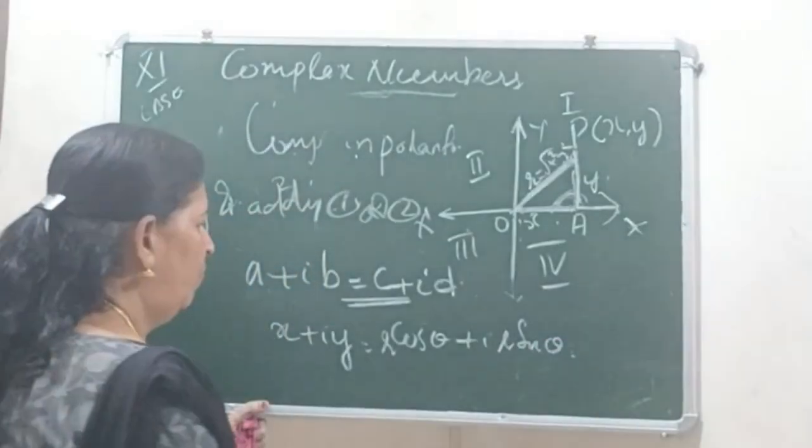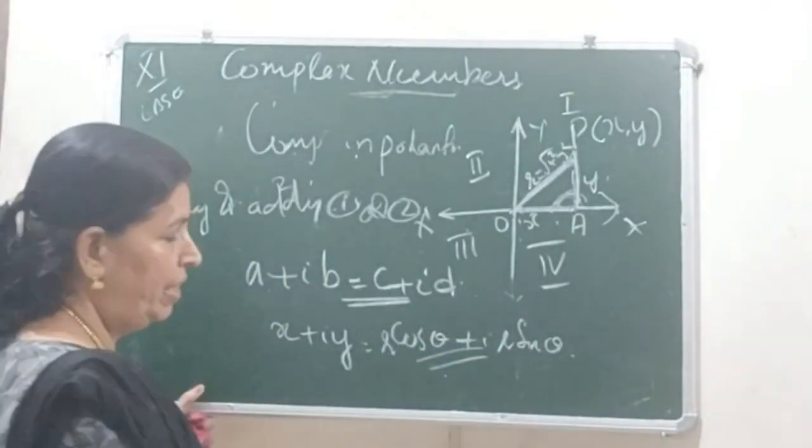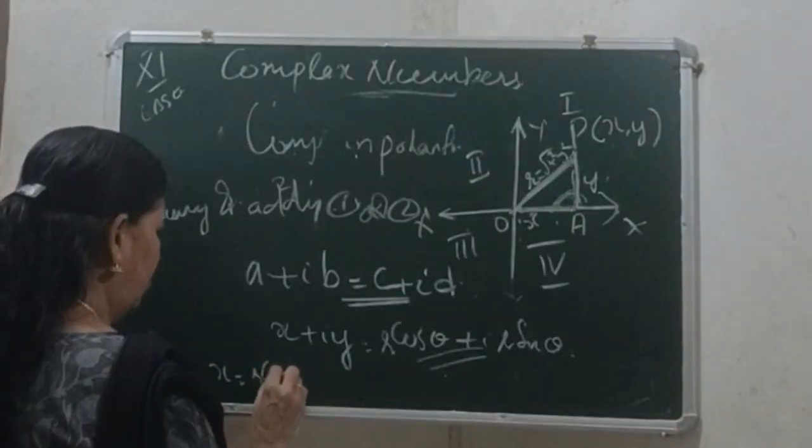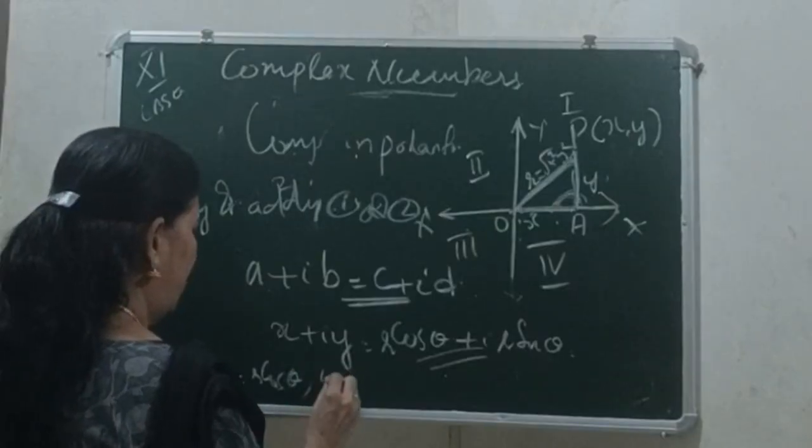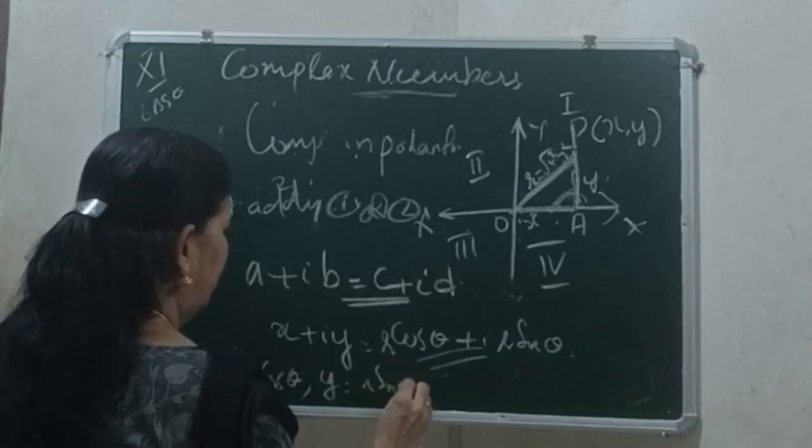Then if we equate the two complex numbers, the real parts are equal, x equal to r cos theta, and y equal to r sin theta.